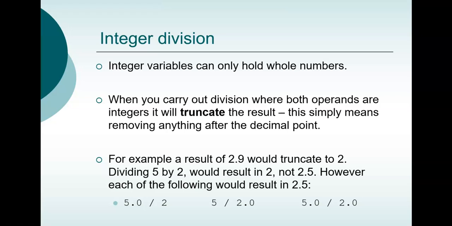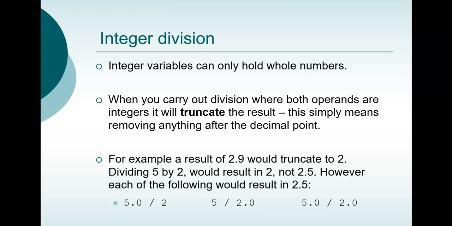This means that it will remove anything after the decimal point. So for example, if we have 5 divided by 2, and 5 is stored in an integer and 2 is also stored in an integer, the result will be 2, not 2.5.